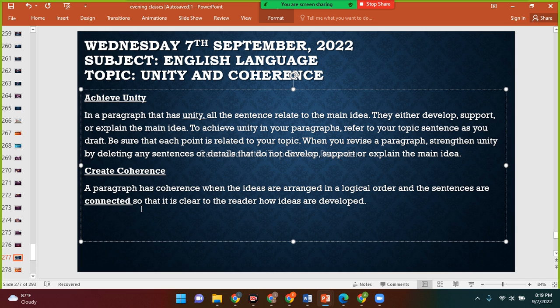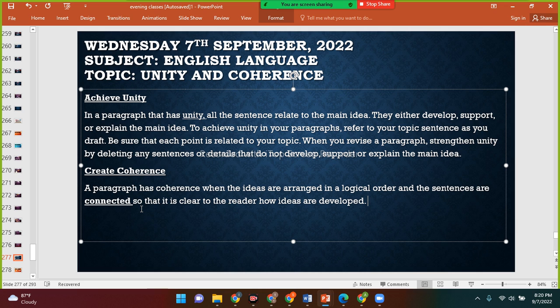So if in one sentence you're talking about fishing, and in the next sentence you're talking about the carnival, the question is, how are those sentences connected? Maybe what ties them together is that both of them are recreational activities. So you need to have inside one sentence an idea that links to the next sentence. That's very important.